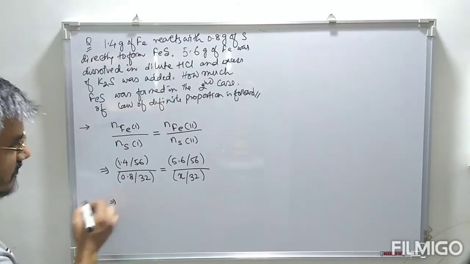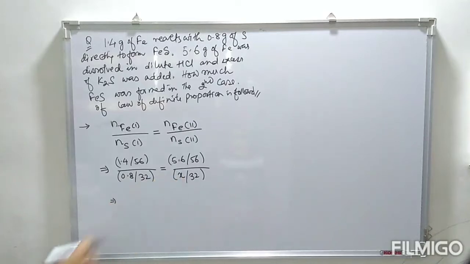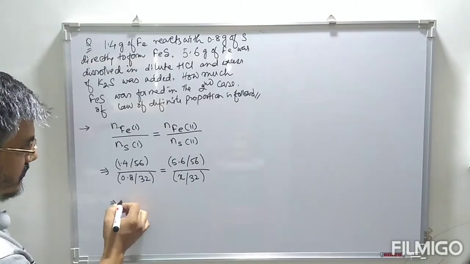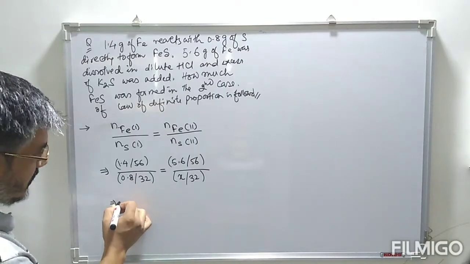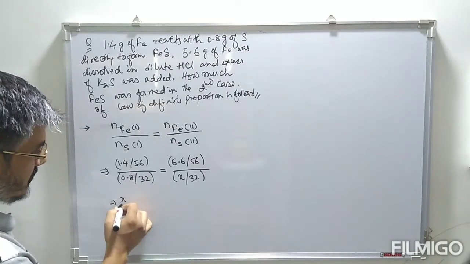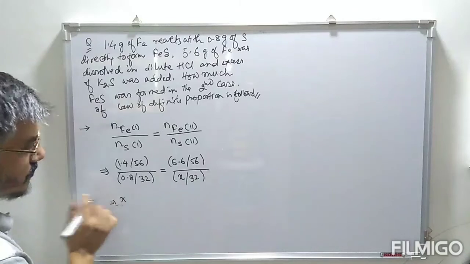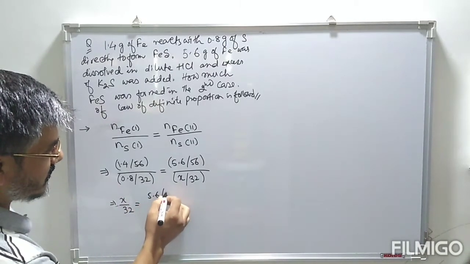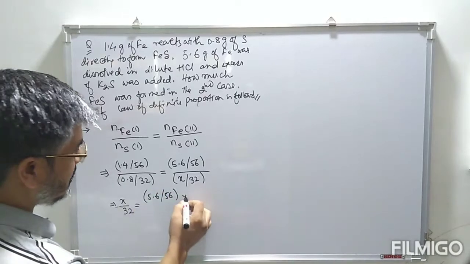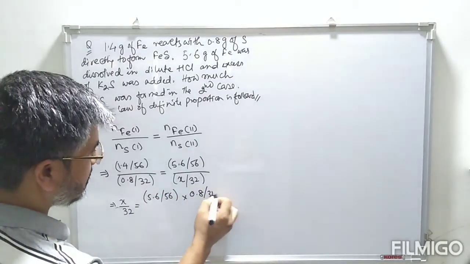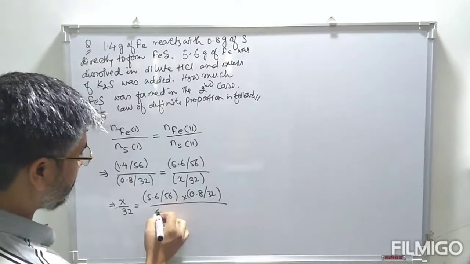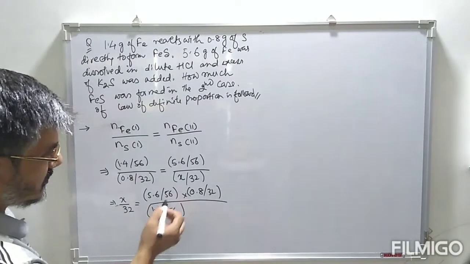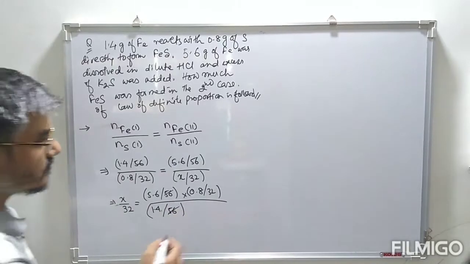From this equality we can find the value of x. So x by 32 is equal to 5.6 by 56 into 0.8 by 32, divided by 1.4 by 56. So 56 will cancel out.